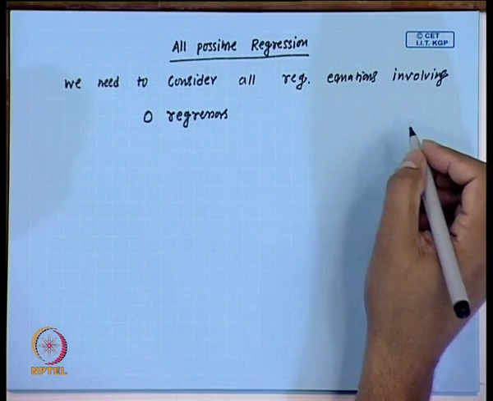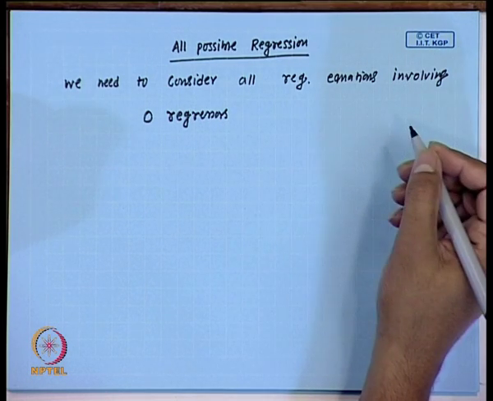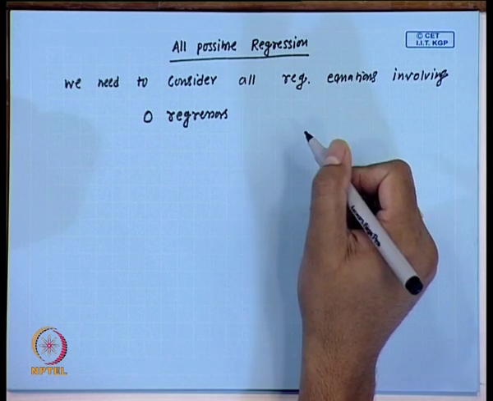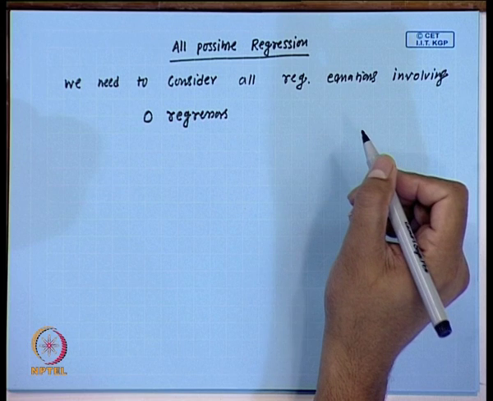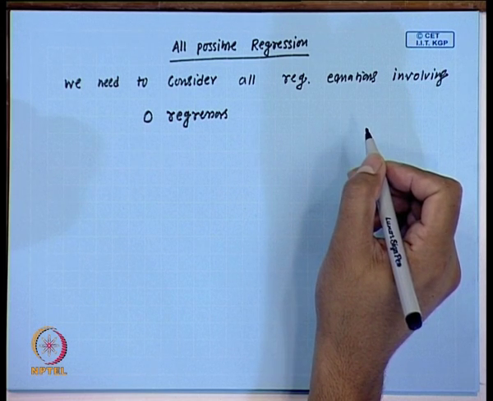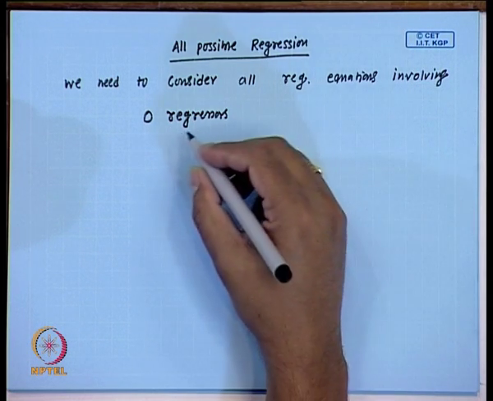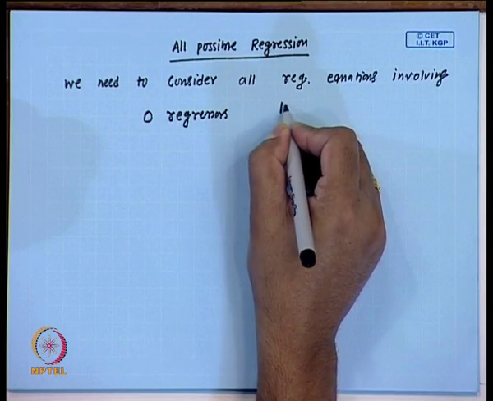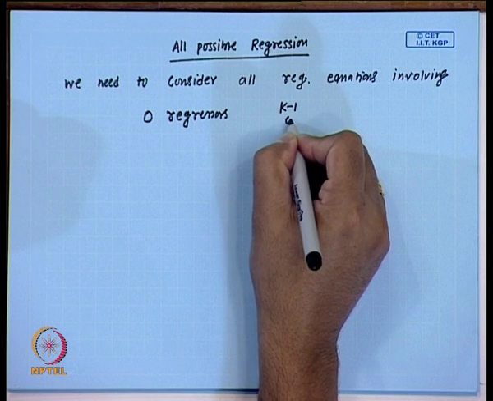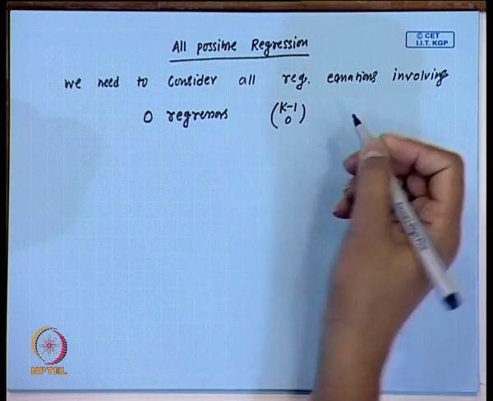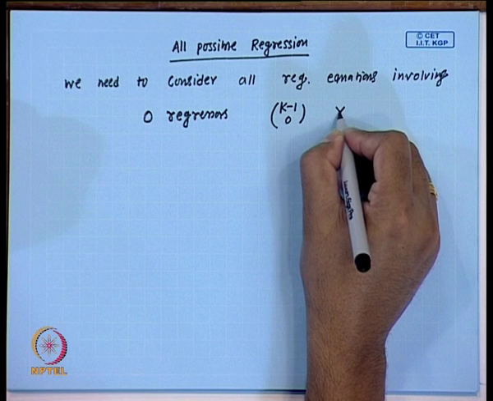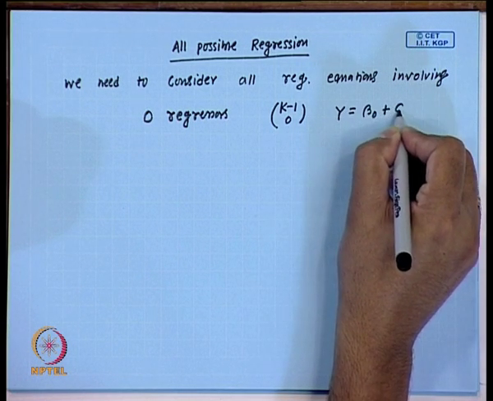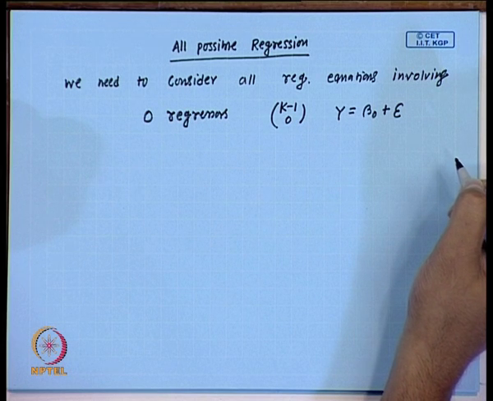If k minus 1 is the total number of regressors in the multiple linear regression model, then the number of models having 0 regressors is k minus 1 C 0, and the model is basically y equal to beta naught plus epsilon.